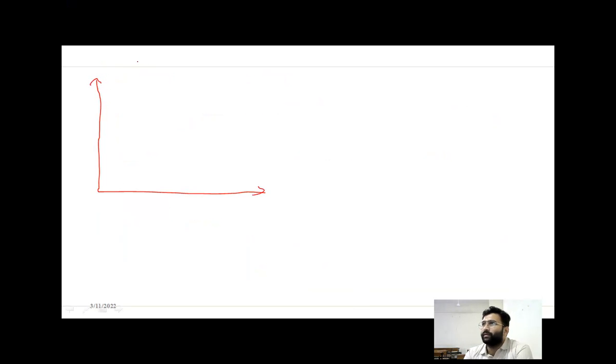Let us say the piston is here. This is its top dead center, and as there is no clearance volume, this is its bottom dead center. This is TDC, this is BDC. The piston moves from TDC to BDC. Let us say this is point 1 where the piston is at BDC.